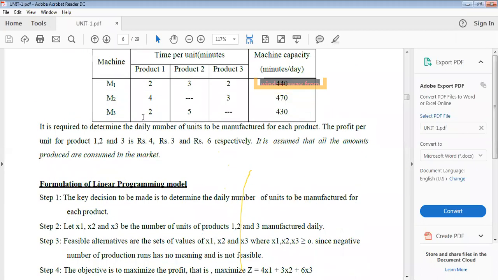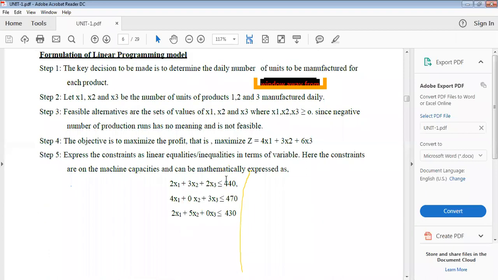Similarly, 4x1 plus 0x2 plus 3x3 less than or equal to 470, and 2x1 plus 5x2 plus 0x3 less than or equal to 430. Like this, you have to formulate your three constraints.